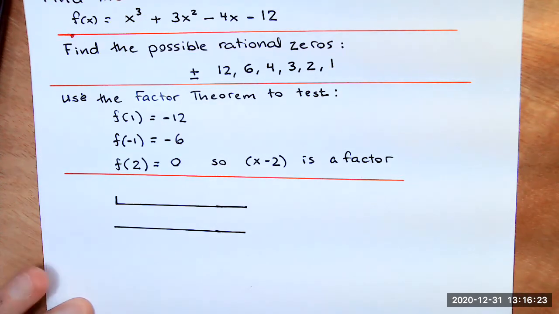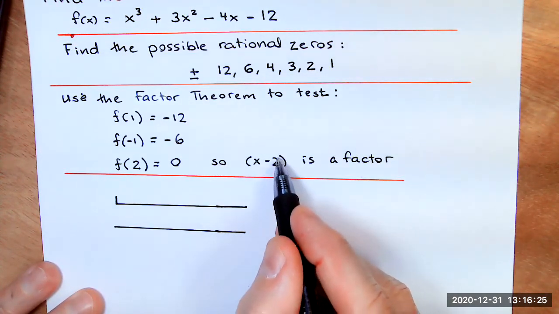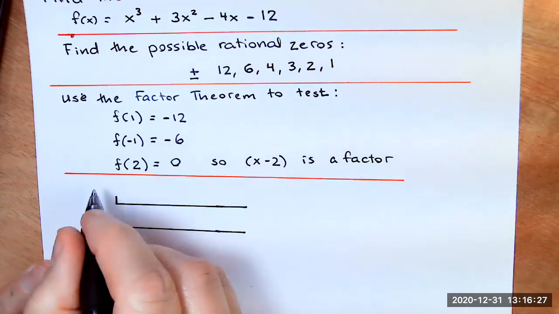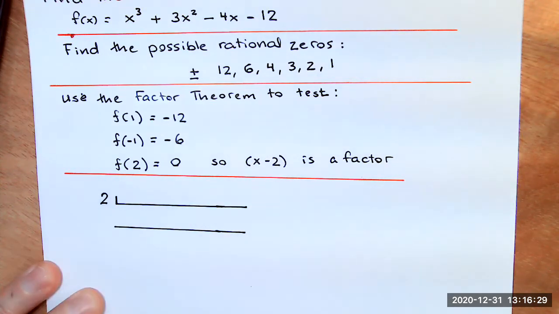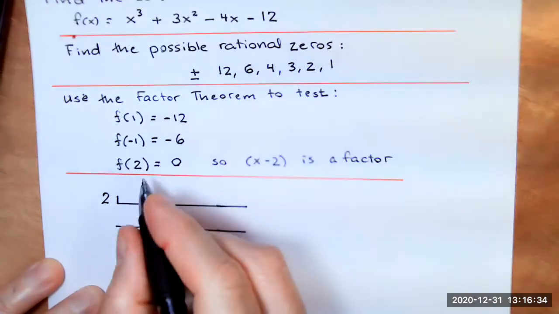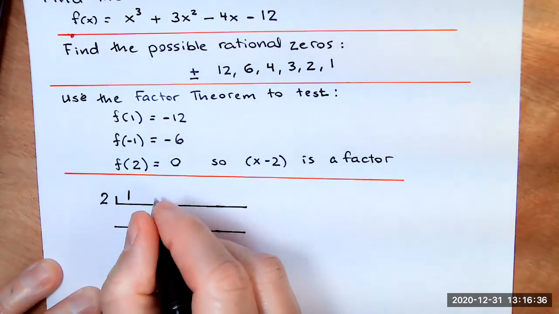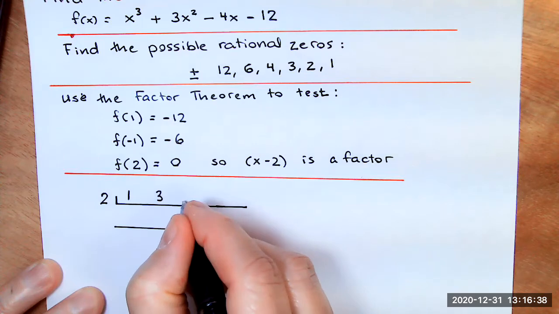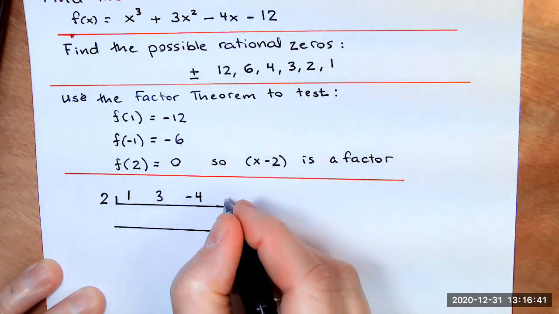We can use synthetic division. We're dividing by x minus 2, so this is going to be positive 2. Let's check and make sure there aren't any missing terms. And then we can just write the coefficients of the polynomial down.